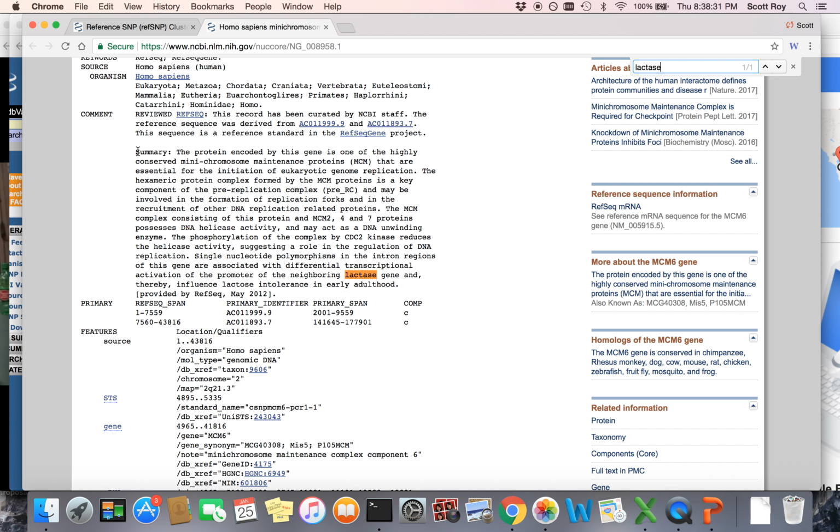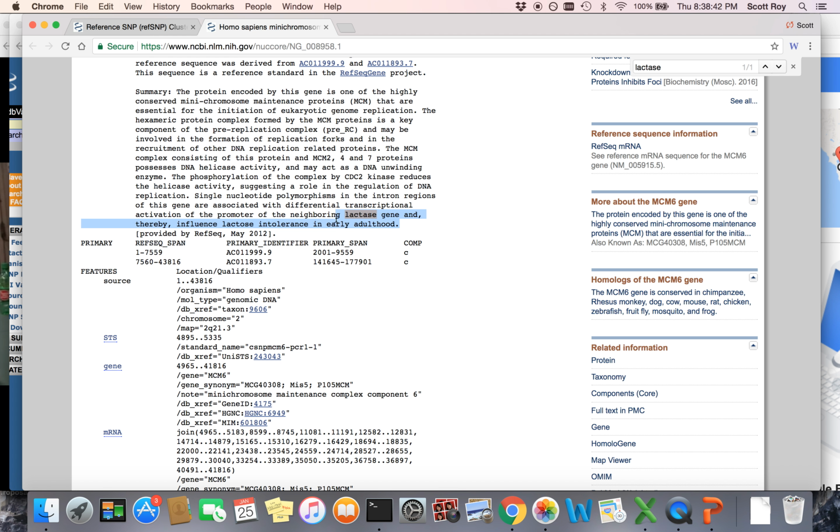Yeah, so this is the summary. It's a little bit more complicated than I thought it might have been, but they talk about how it's neighboring the lactase gene, and the involvement of this in expression of the nearby lactase gene. Okay, and we can continue down.